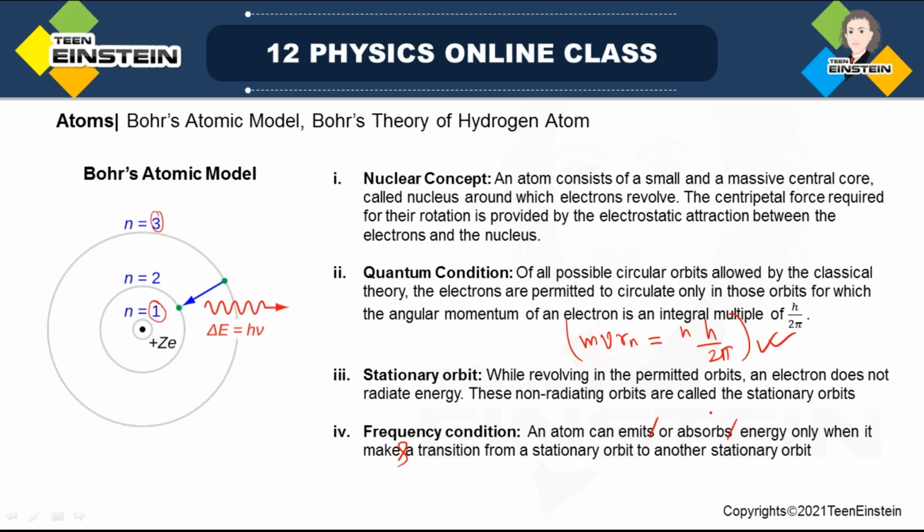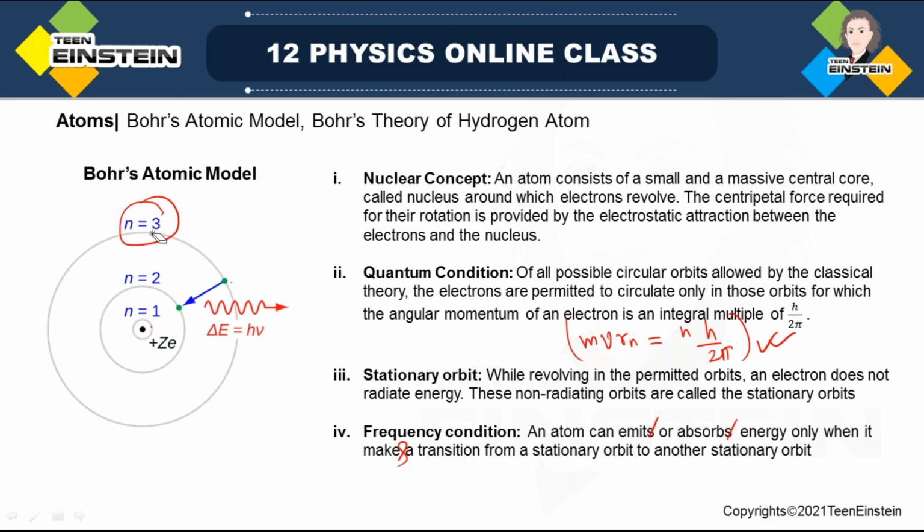Then how do we get radiations? We will get radiations only when they make a transition from a higher level to a lower level, from a higher quantum level or higher orbit. Suppose n equal to 2 is one stationary orbit, and n equal to 3 is another stationary orbit.